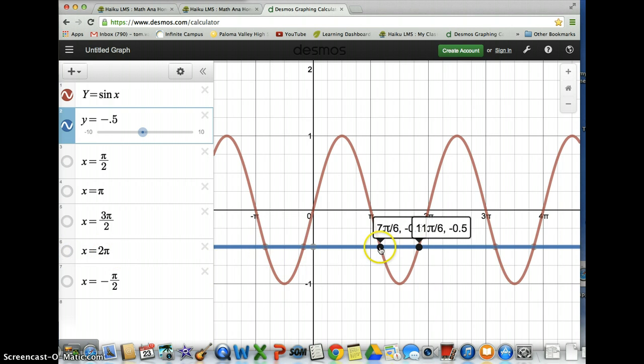So the way we show that is this answer, 7 pi over 6 plus 2 pi n, and this would be 11 pi over 6 plus 2 pi n. If we were in degrees, we would say 210 degrees plus 360 degrees n, and this would be 330 degrees plus 360n.